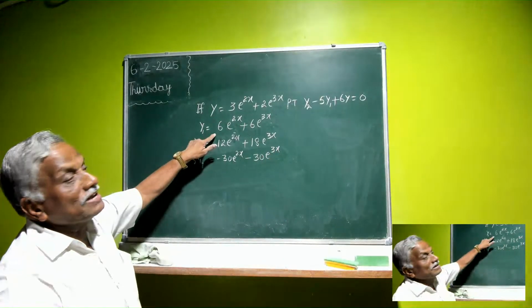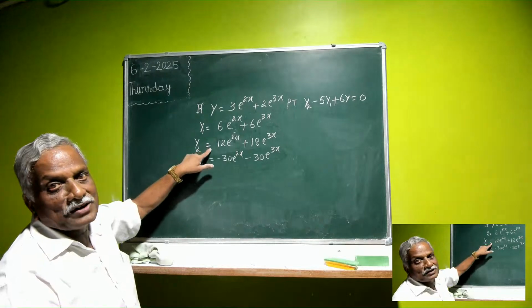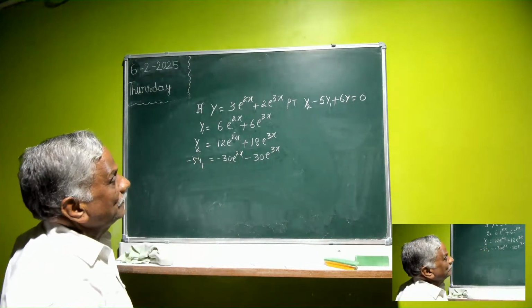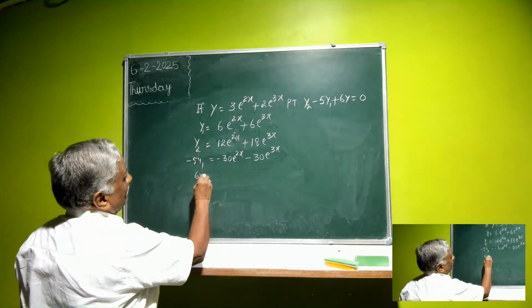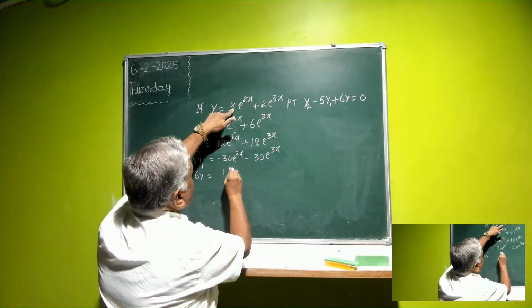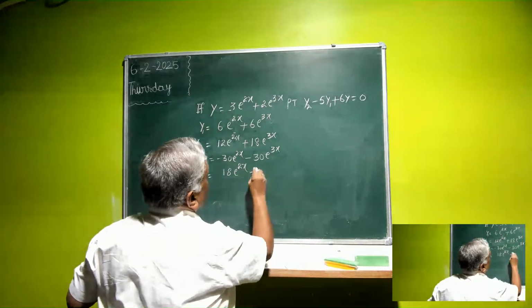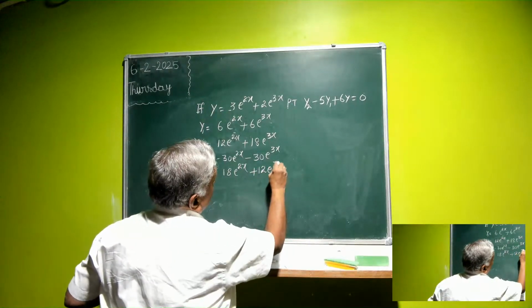You have to multiply y1, I multiply y2 actually. So this y2 is here; I am not writing y2 again, I am keeping this y2 as it is. Now 6y, so I have to multiply this by 6. I get 18e^(2x) and I get 12e^(3x).